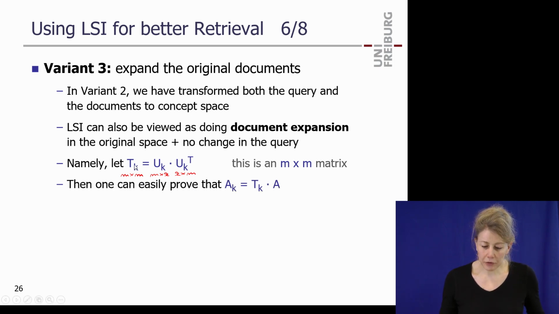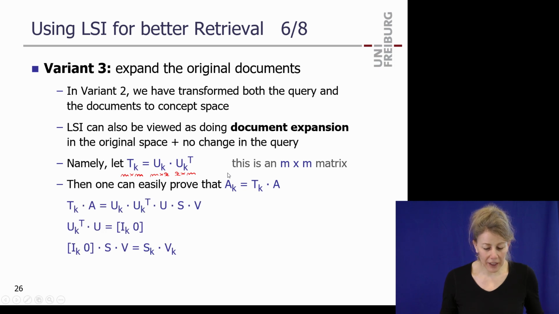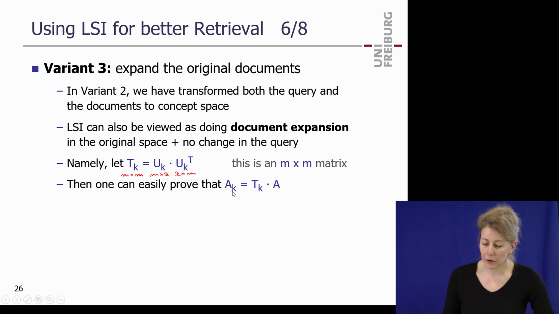One can prove with a little bit of linear algebra, which I will skip now, it's also not important for the sheet, that just by using the same small calculations as before, my reduced rank matrix is just this m times m matrix times my original matrix.